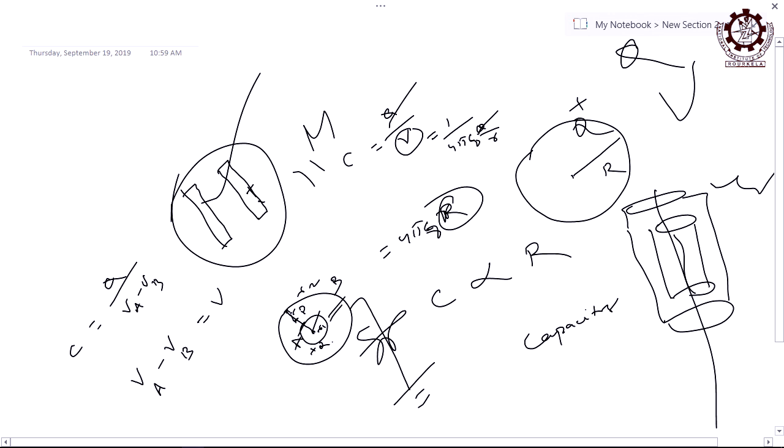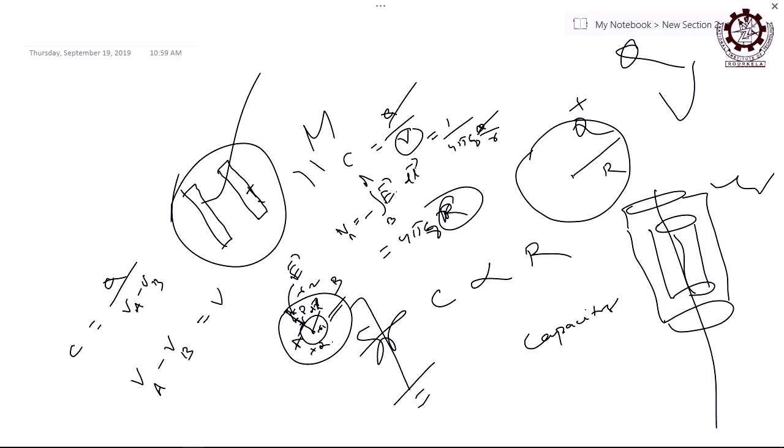Now the field E is in this direction, and you take dr, or better say dl, in this direction. Then how can you estimate V A minus V B? It is minus the integral from B to A of E dot dl, and then you will get the capacity, right.